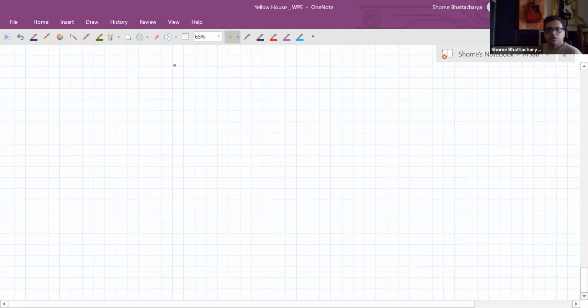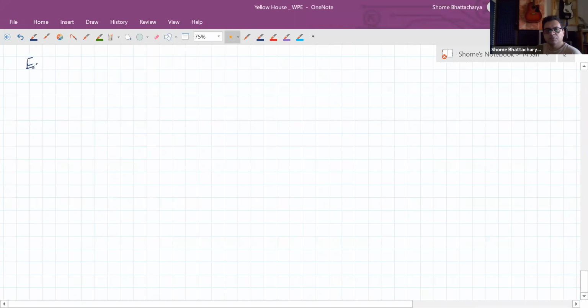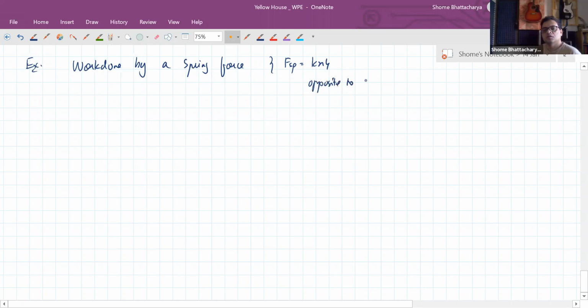Okay, so let's look at a very common example. The work done by a spring force. You know that spring force varies according to the formula kx, opposite x in direction.